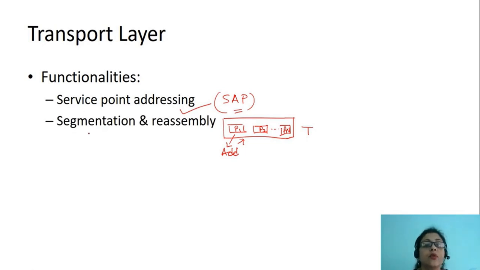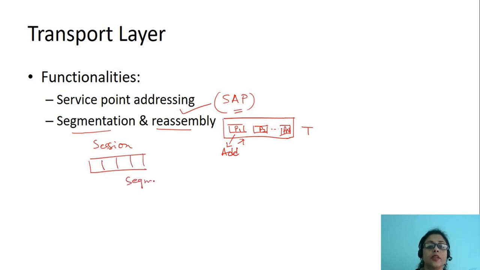Next, it can also be used for data segmentation and data reassembly. This is because when data is received by the transport layer from the upper layer, that is from the session layer, it segregates the data into various segments. And these segments are called data segments.